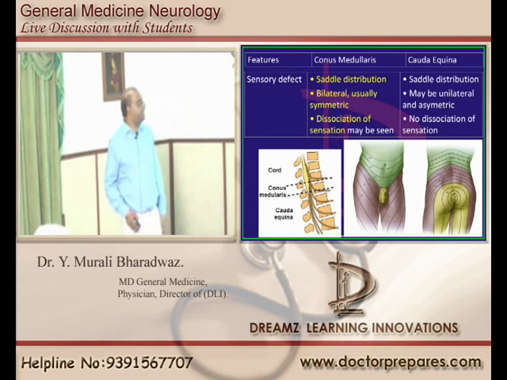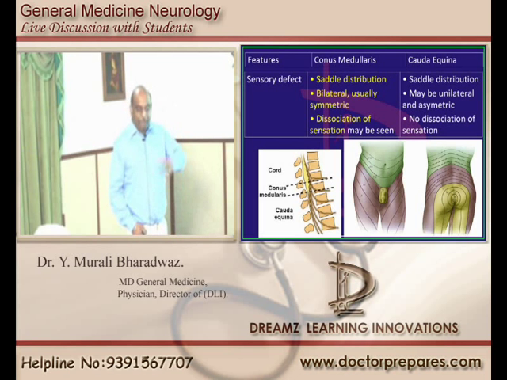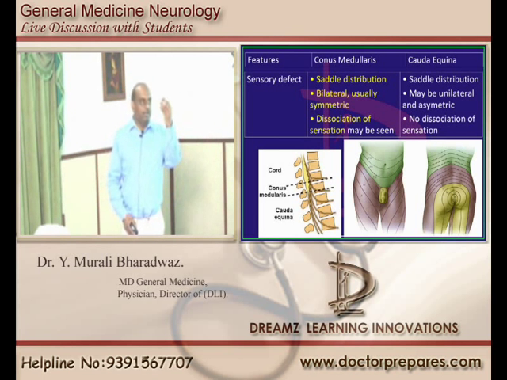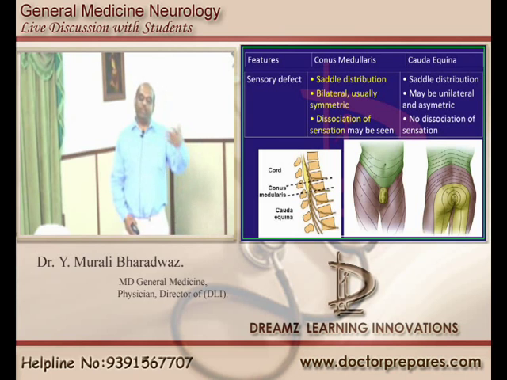Sacral fibers are involved in both, but it is bilateral and symmetric in conus, unilateral and asymmetric in cauda equina. Dissociated sensory loss may be seen in conus because the compression may only compress pain and temperature, sparing the dorsal columns, because the compression has not grown that significantly to compress the posterior fibers. Whereas in cauda equina there is no dissociation. The S1, S2, S3, S4 roots, after coming out, are being compressed, so it doesn't spare; it will involve pain, temperature, dorsal column, everything.